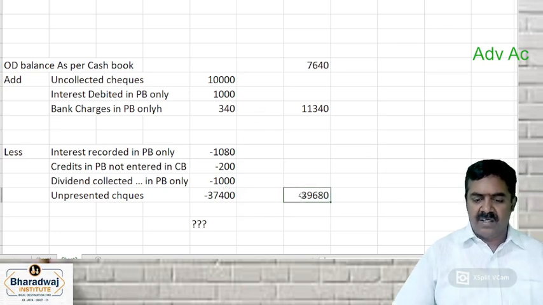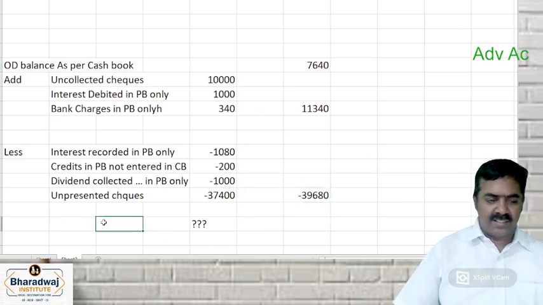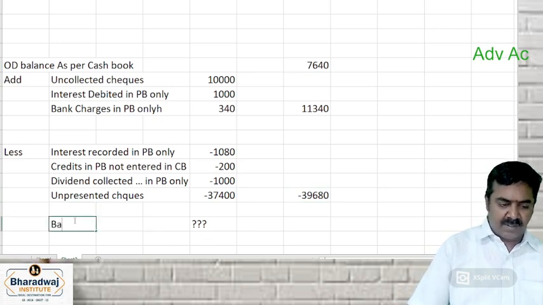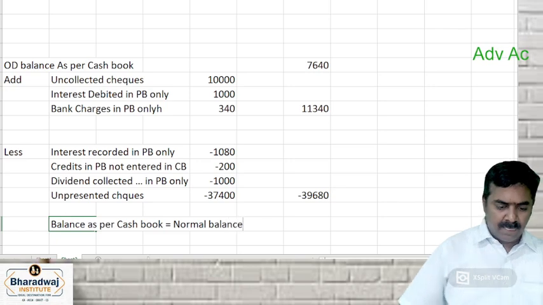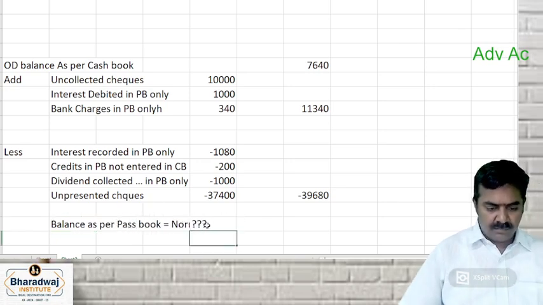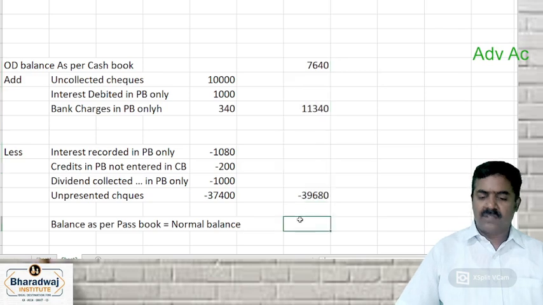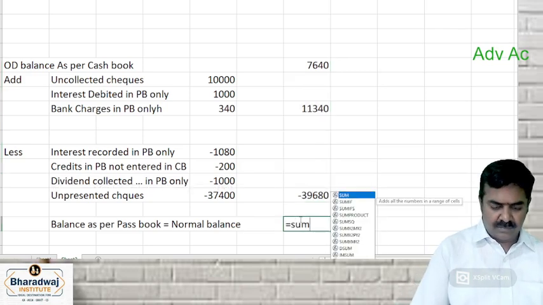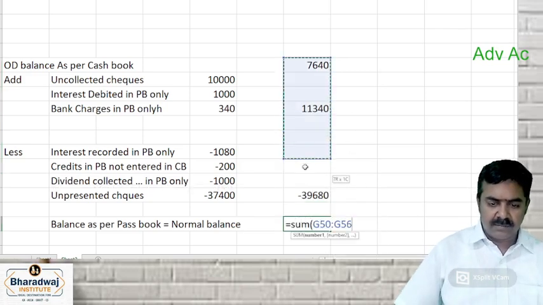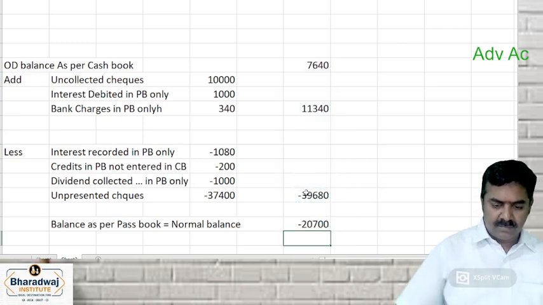Positive start பண்ணி negative end ஆச்சுனா it will be called as balance as per cash. It's not OD balance. It's normal balance. Positive. எவ்வளோ வருது சொல்லுங்க? 3,000, 20,700.